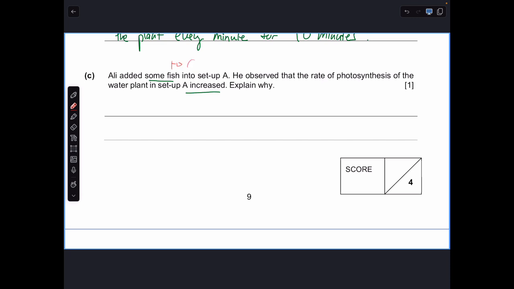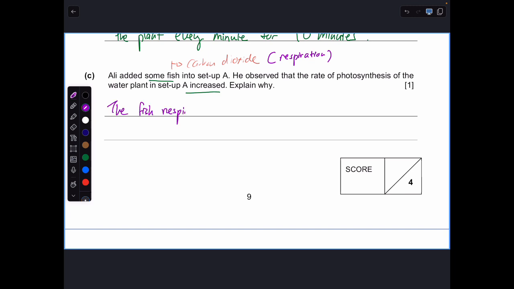Now for this carbon dioxide, you need to be cause and effect. How come the fish will give you more carbon dioxide? Your key idea here that many of you have missed is actually respiration. So you must say, the fish respired. I want to see this word, and gave out carbon dioxide. This is the cause. What is the effect?